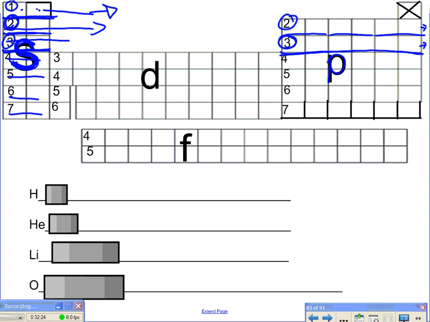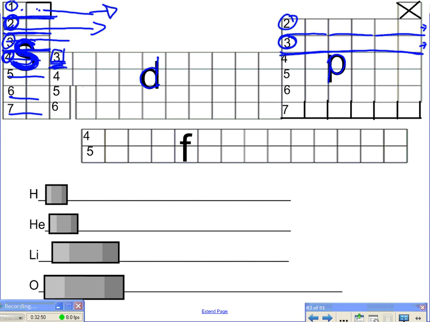Well, since the s sublevel is so small compared to this really monstrous d sublevel, the fourth energy level will actually fill up its s sublevel before the third energy level fills up its d sublevel.